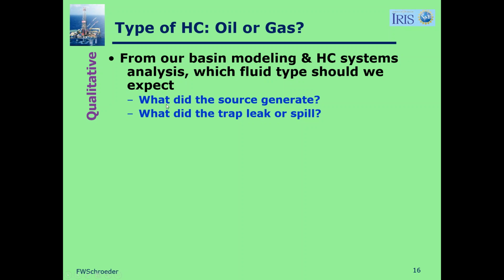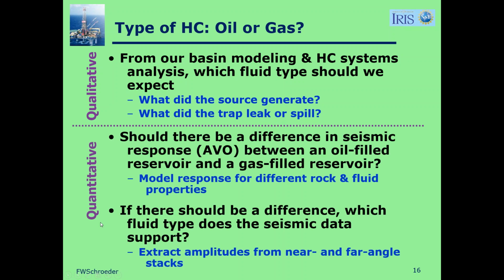So we want to consider what the source generated over geological time, that would be the source within the fetch area for our prospect. We also have to worry about whether the trap leaked, or was there hydrocarbon spillage from one trap to another. I'll talk a little bit more about that in a few minutes.